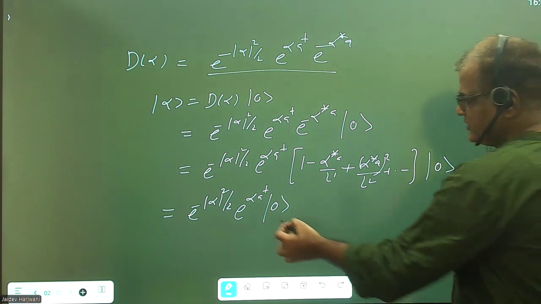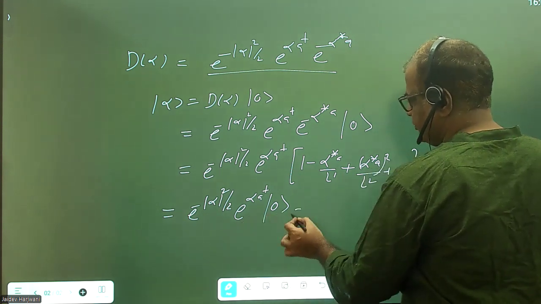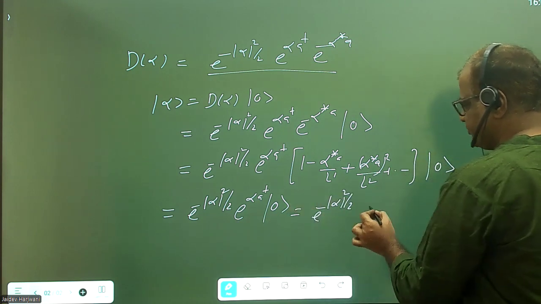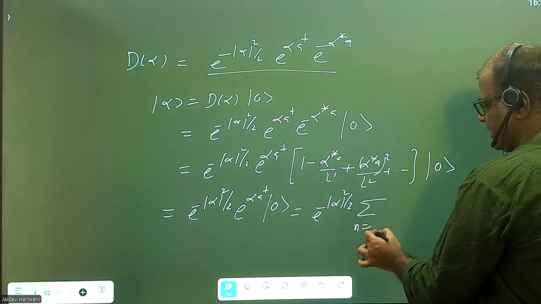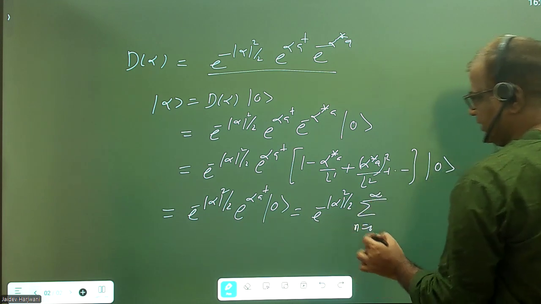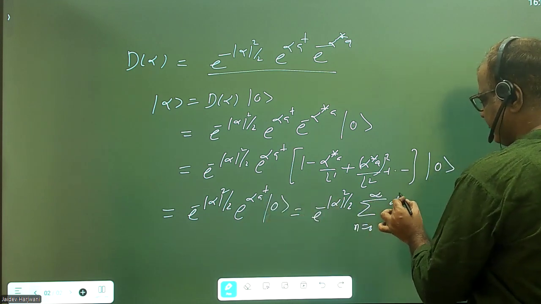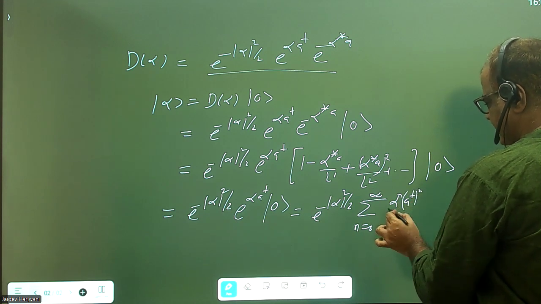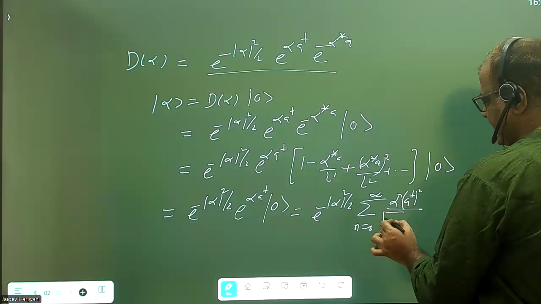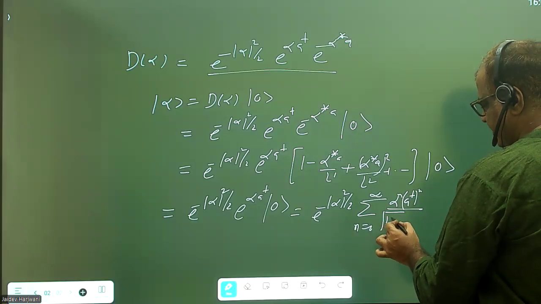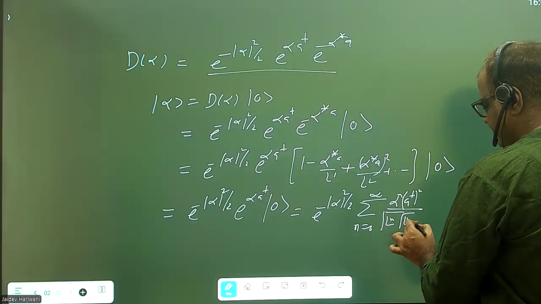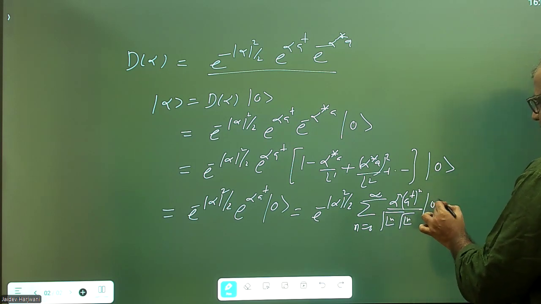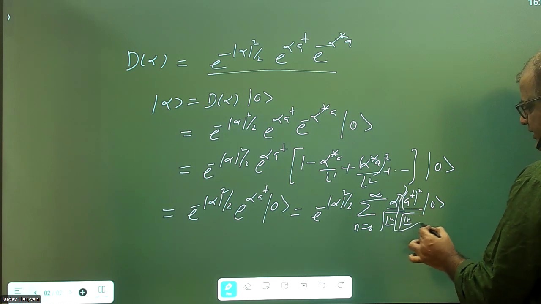And this is again an exponential, so I can write the sum n equal to 0 to infinity, of alpha to the power n, a dagger to the power n, over factorial n. So I'm writing under root of factorial n and under root of factorial n, which will give you the factorial n, and here you have the 0 state, and this we know already.